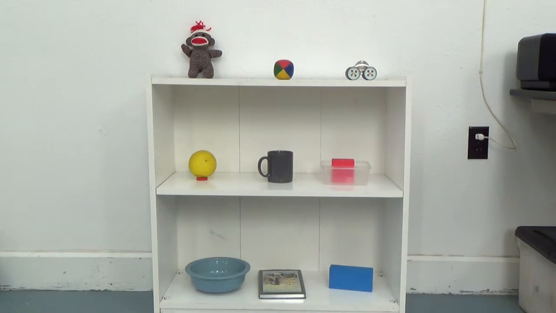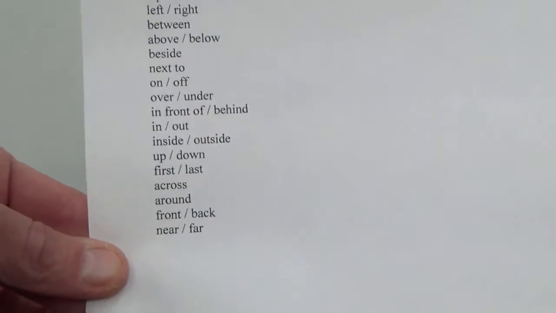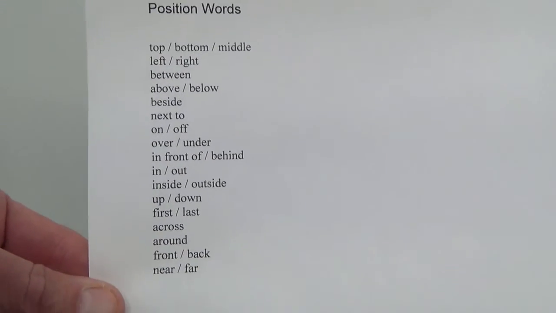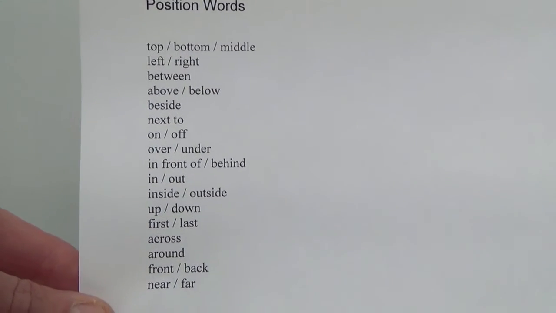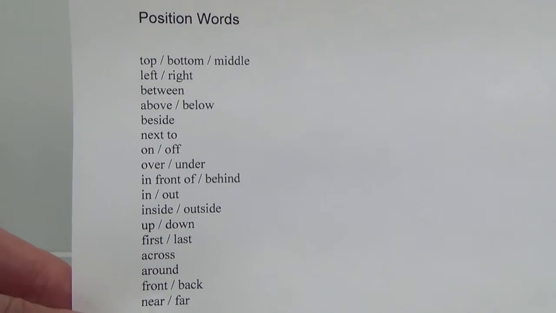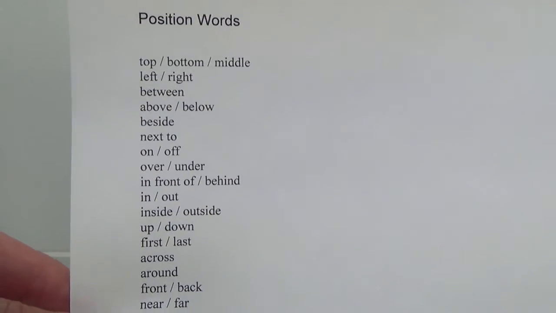And you will need to go to the earlygiftedmanual.com and make a copy of this printable. It's called Position Words, and I'm going to try to get it in front of the camera for you right now so you can see what that looks like. It's just a list of some of these words that we'll be working with here.